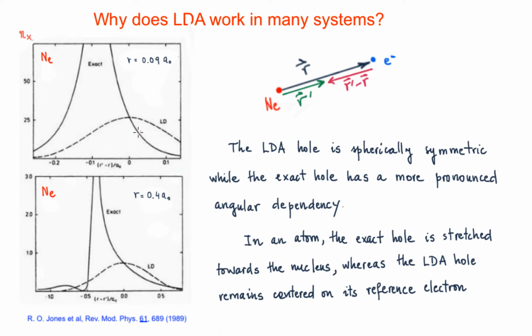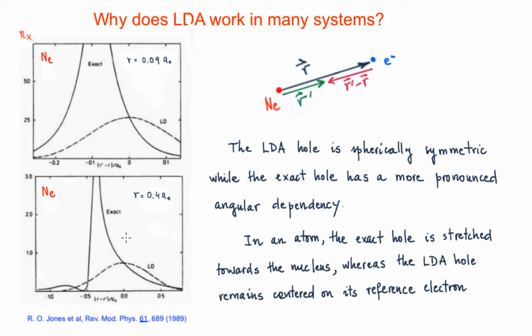So then you can see that the maximum of the exact exchange hole is getting closer to the nucleus, at negative values here, and the maximum in the LDA approximation is just at r prime minus r equal to 0. You have the maximum here, r prime minus r equal to 0. However, the maximum of the exact is when the second electron is getting closer to the nucleus.